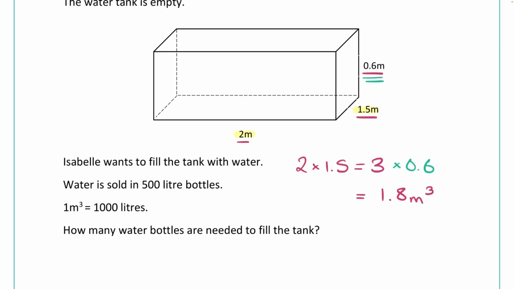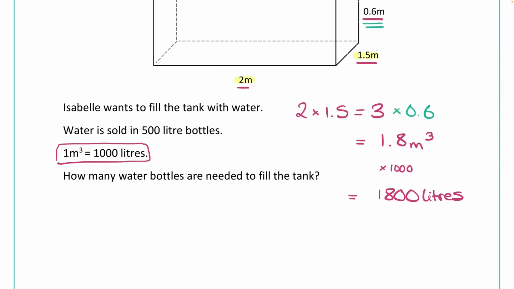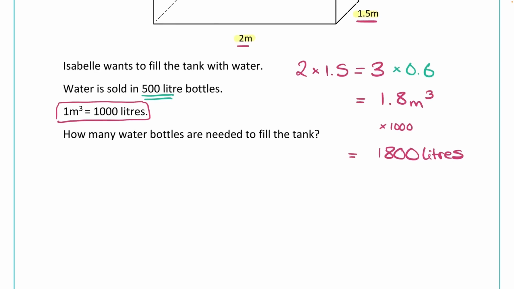And it tells us here that 1 metre cubed is equal to 1,000 litres. So we can multiply this by 1,000, which will turn it into litres, and that gives us 1,800 litres. So we need to fill this tank. It's 1,800 litres, and it told us that water is sold in 500 litre bottles. So we could do one of 2 things.